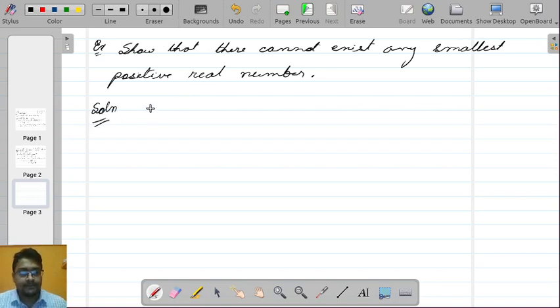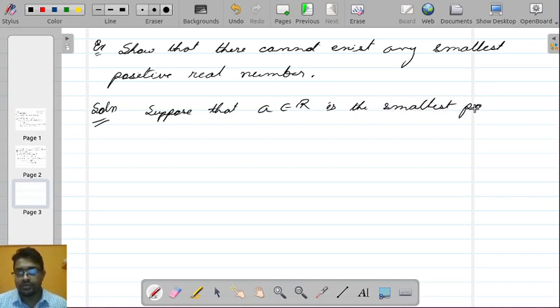Suppose that a belongs to R is the smallest positive real number. So a is greater than 0.